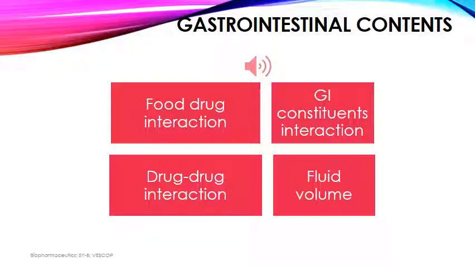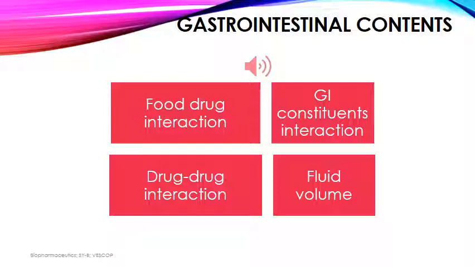Mucin is a mucopolysaccharide. It is present on the epithelial surface lining of the GIT. So when drugs are given orally, the drug first encounters this layer of mucin before getting absorbed. Some drugs interact with the mucin.